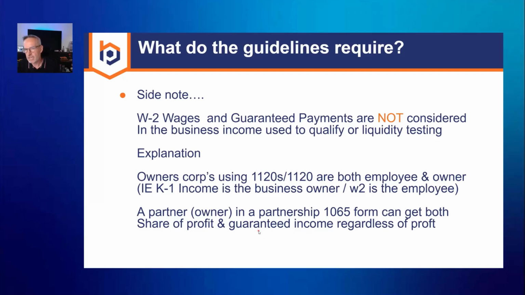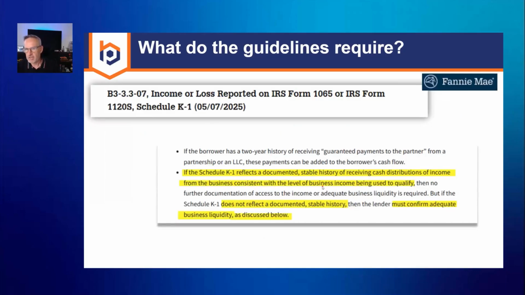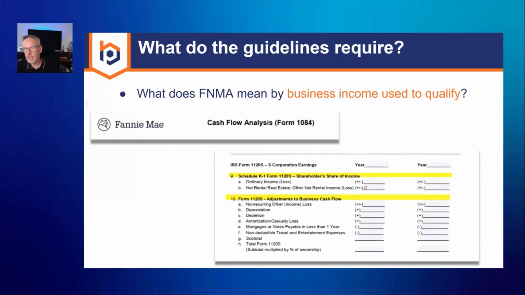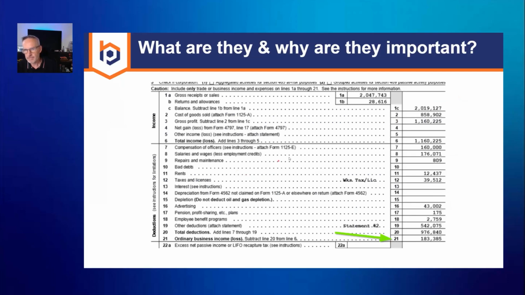So guaranteed payments and W-2s are not part of this definition of business income being used to qualify. Like I showed you, the K1 and 1120S stuff is separate from where you see the W-2. Now here again, back on this business return, we can show it again. We have our gross income, but what's the very first thing deducted? Compensation to officers.